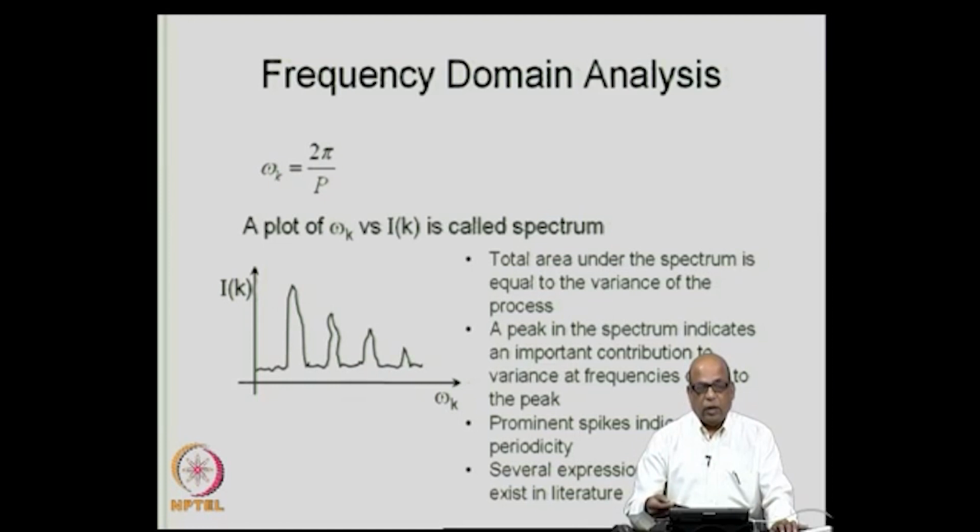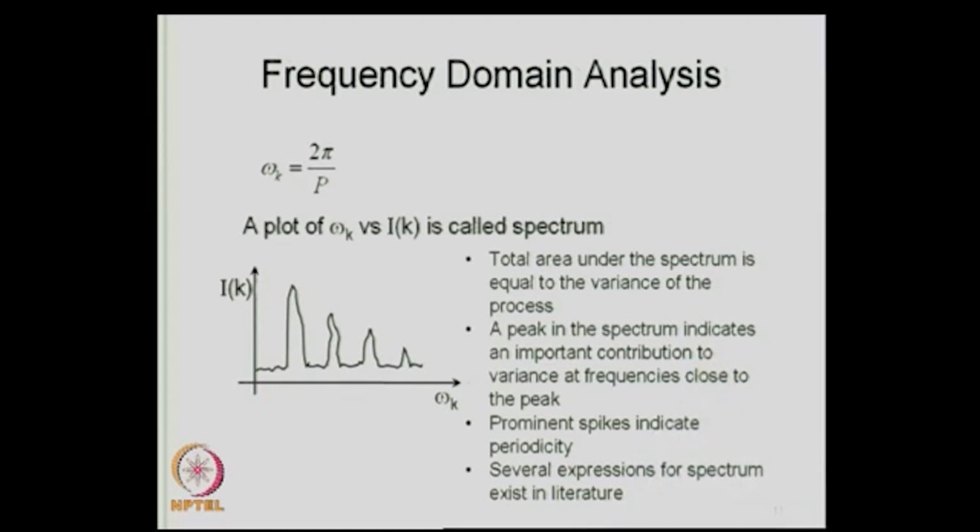These are the various salient features that we must remember. When we are talking about the variance spectrum, the total area under the spectrum is equal to the variance of the process.